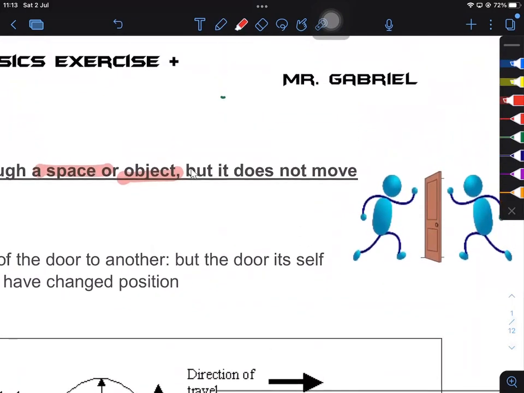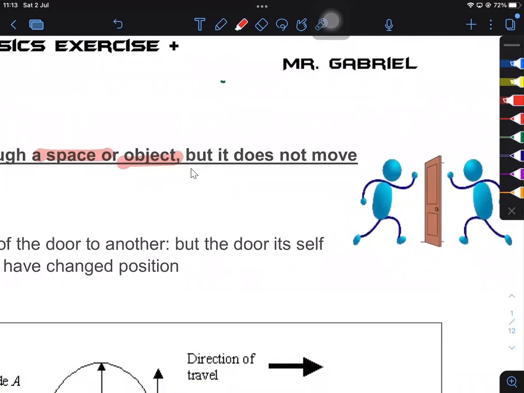This here is supposed to represent how sound is traveling, even though this guy is shouting, and then this guy from the other end can hear the sound, you'll notice that nothing has moved. The door will not move, the air particles will not move. It is basically just a transference of energy.